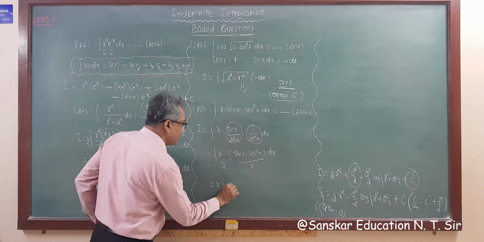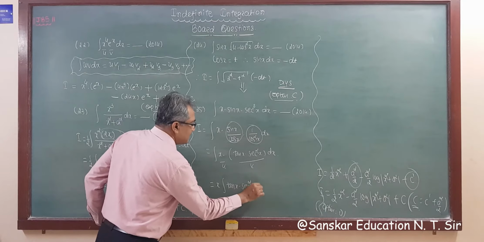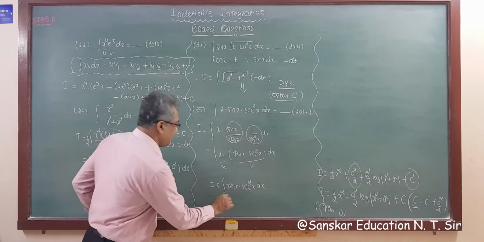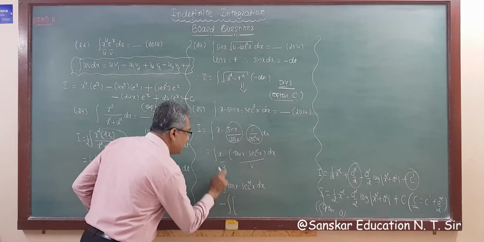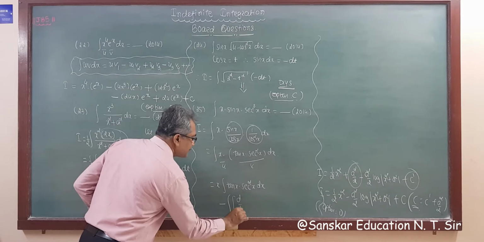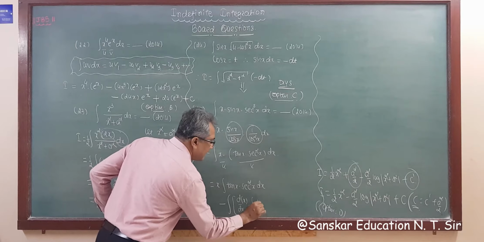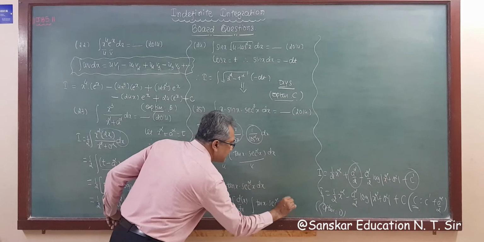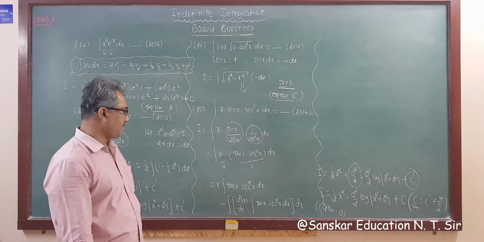I am writing the integration because otherwise you will not know where what came from. Minus, I need more space, so I am writing minus here, integration of d by dx of x and integration v dx is tan x into sec square x dx, bracket over dx. This is your answer.